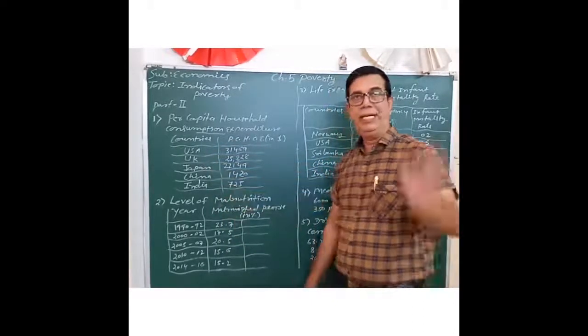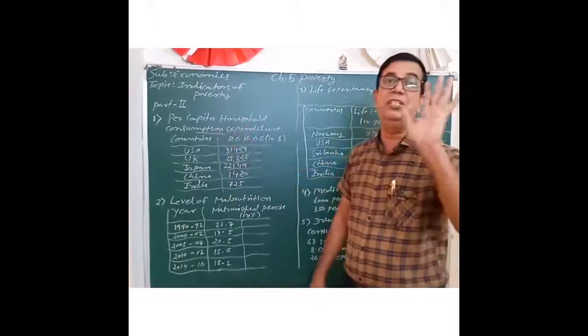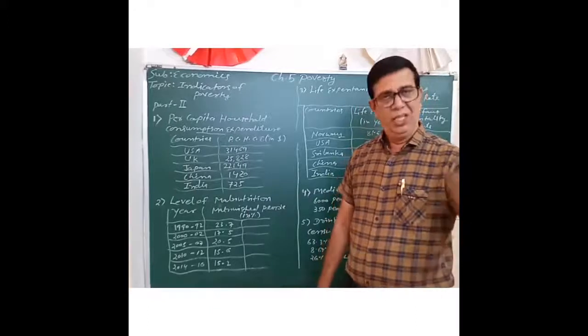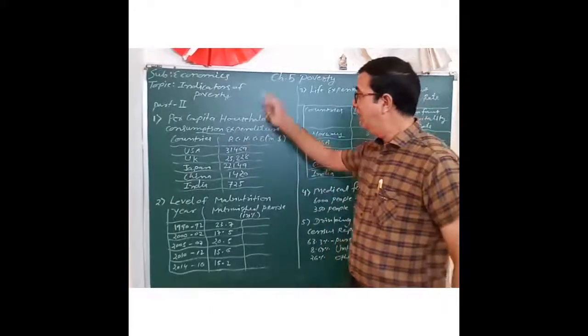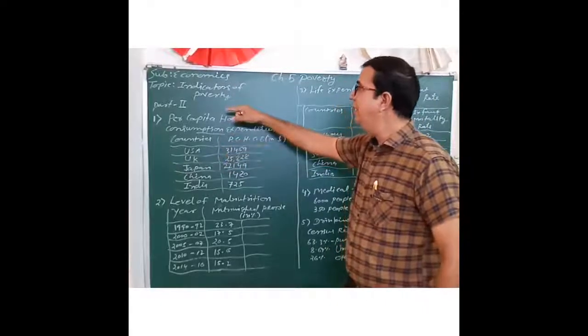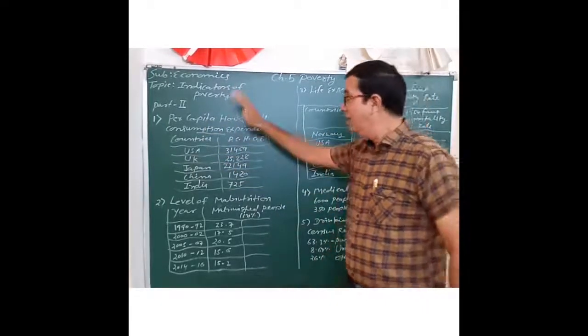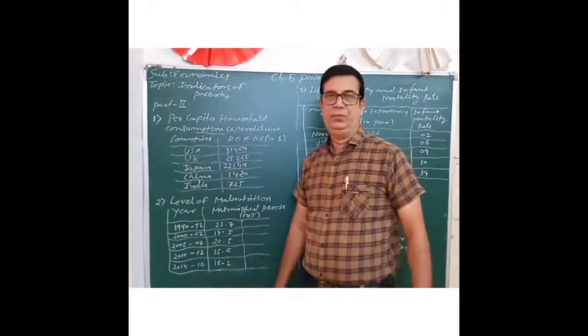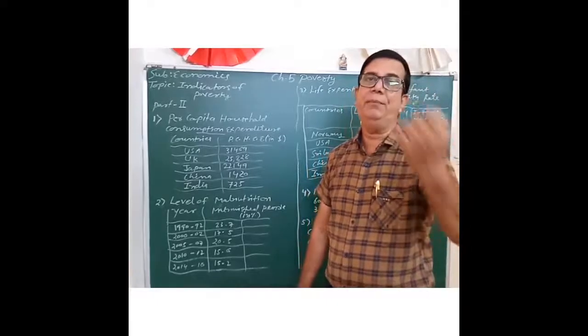Here the India's per capita household consumption expenditure is low. This is why India is living below poverty line, because by this income you can't satisfy your primary requirement.